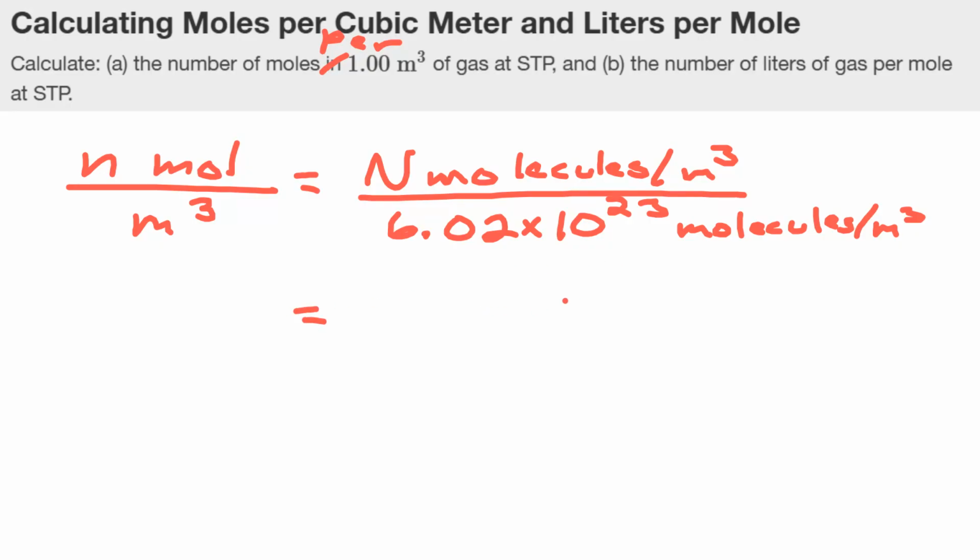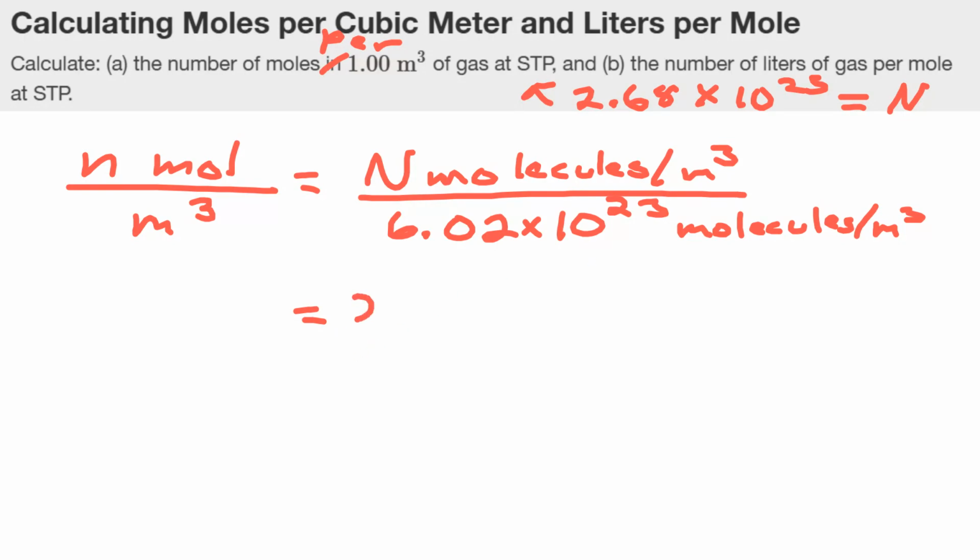On the next line, I have to plug in the numbers, right? One of the things at STP, we just did the math on that, didn't we? That's 2.68 times 10 to the 25, right? So we're going to plug that in here for N. That's literally N at STP. Does that make sense? We just calculated that.